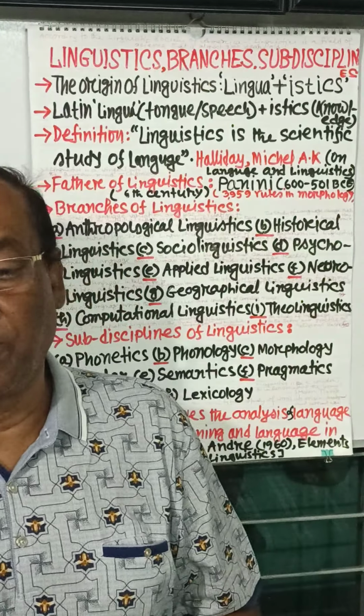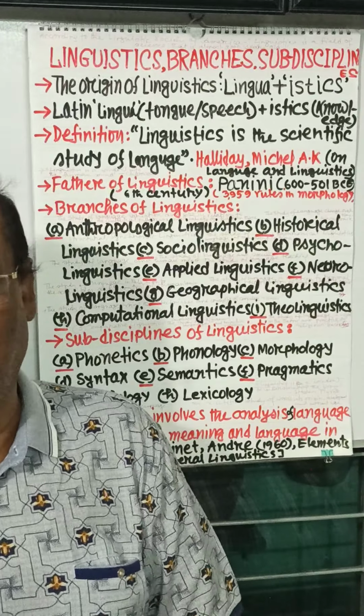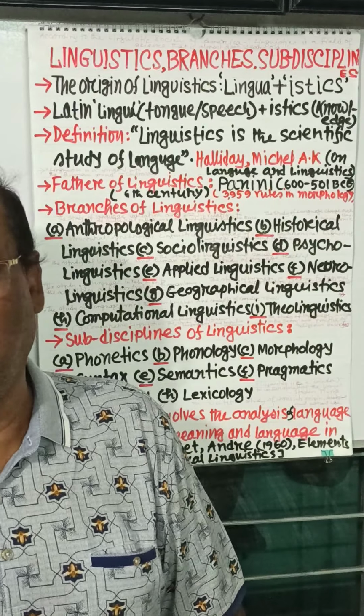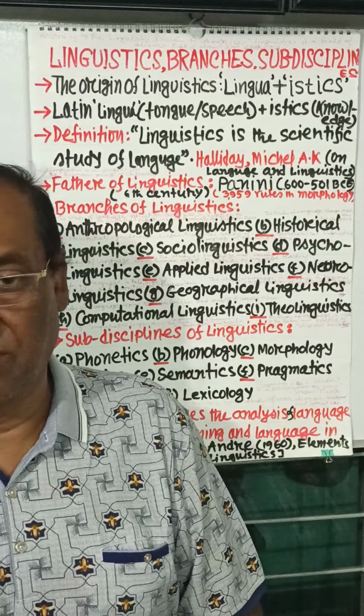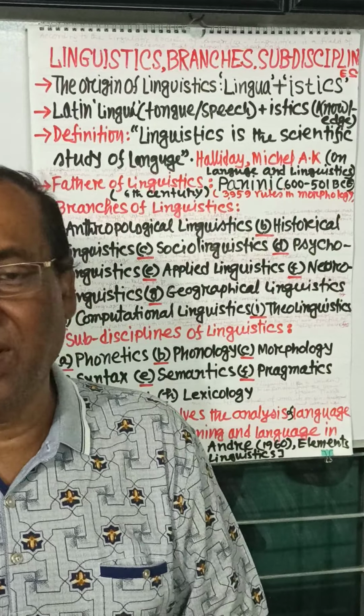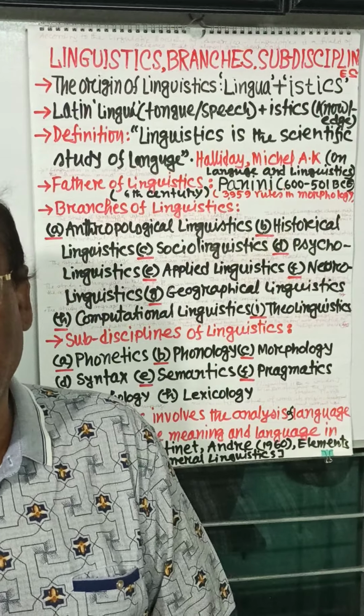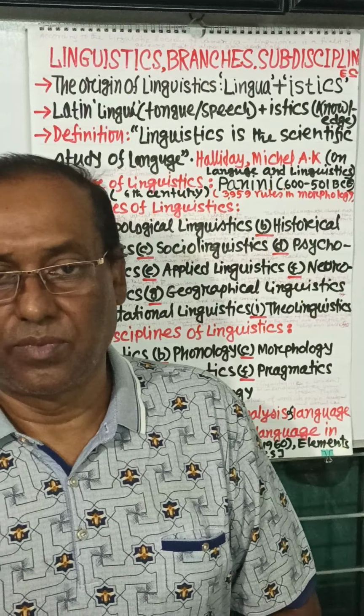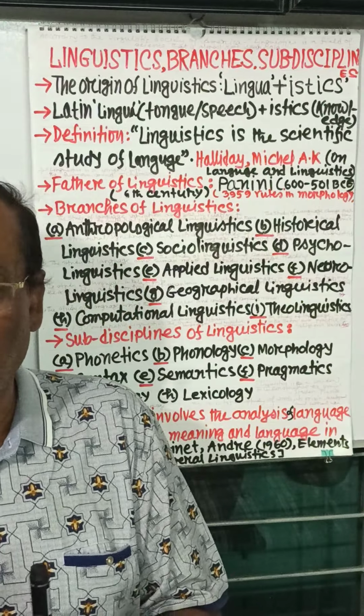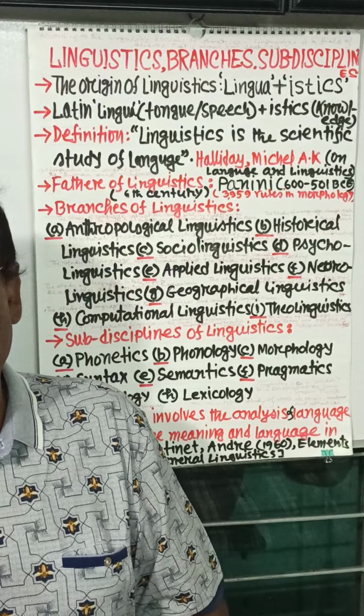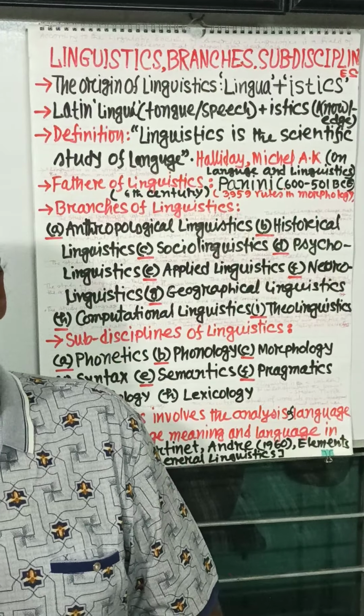As you know, Al-Bishr is called the first grammarian in Arabic linguistics. Though he was not an Arabian, he was Persian.